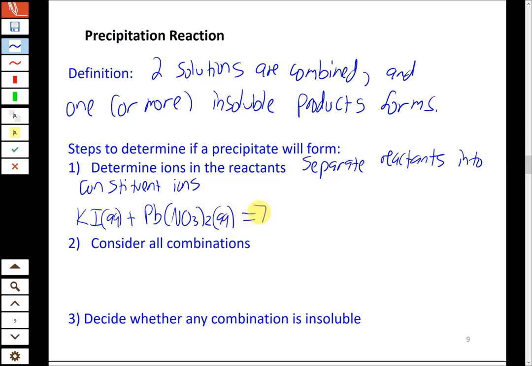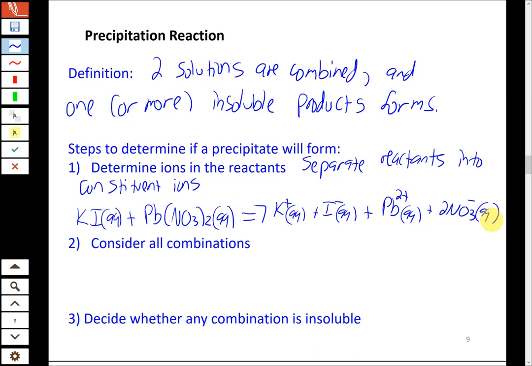So again, the potassium iodide separates into K+ and I-. And then lead nitrate, when it dissolves, is Pb2+, and then we have two NO3- because it's a salt that has two anions in it.